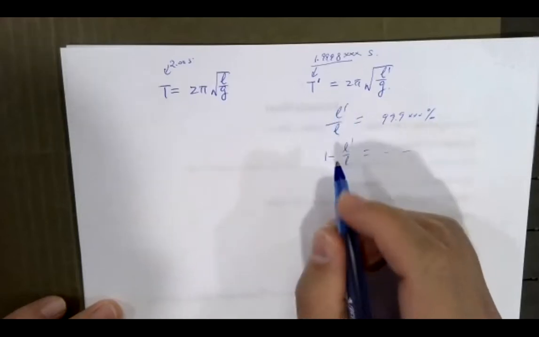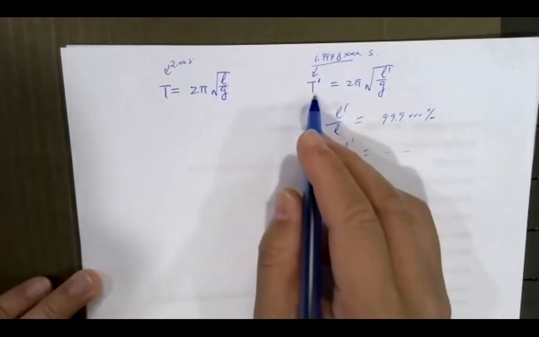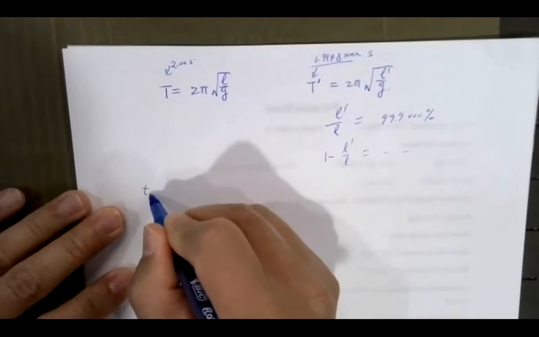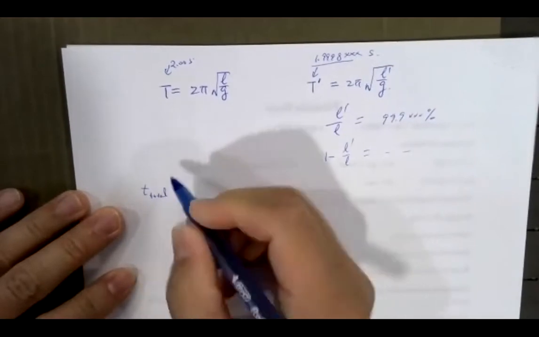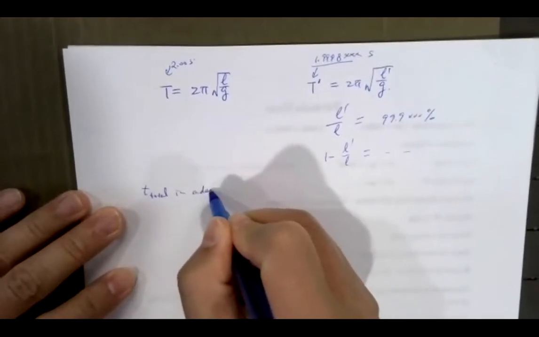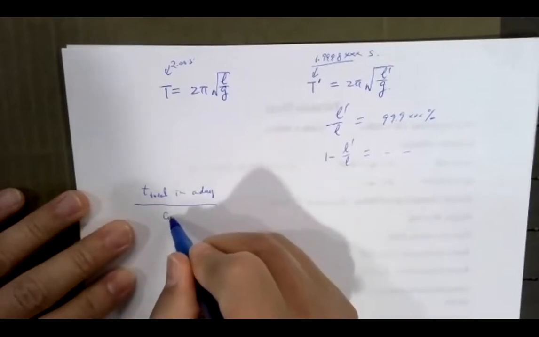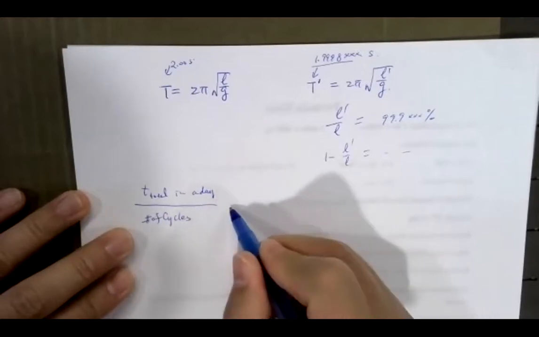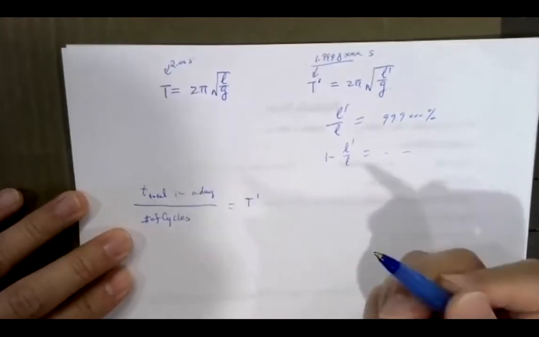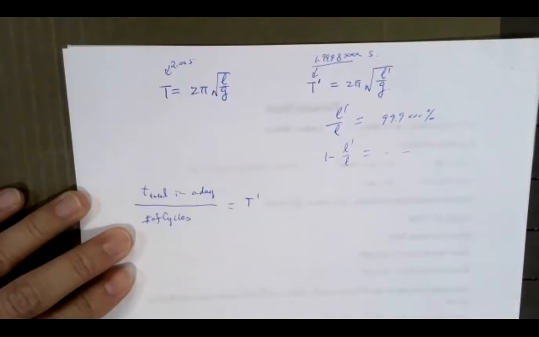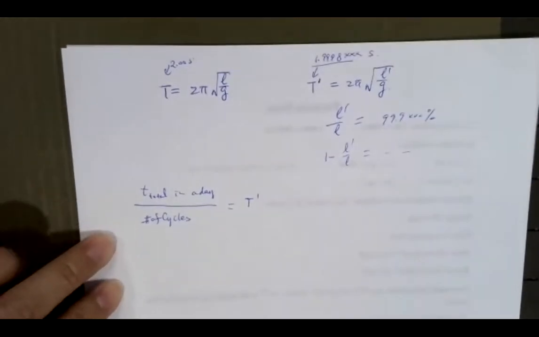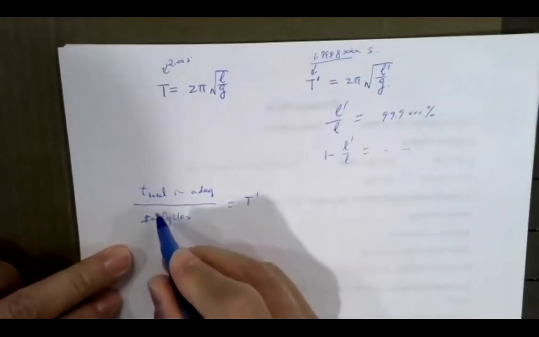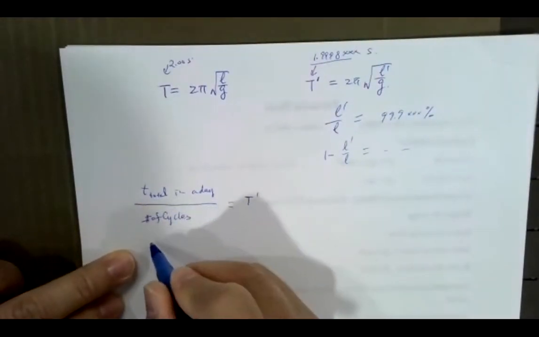So we need to divide the total time in a day by the number of cycles in a day. That will give you the period here, T prime. So let's see what the total time in a day is in seconds.